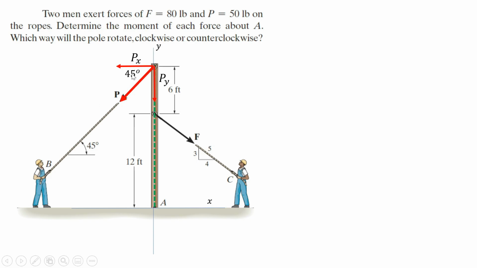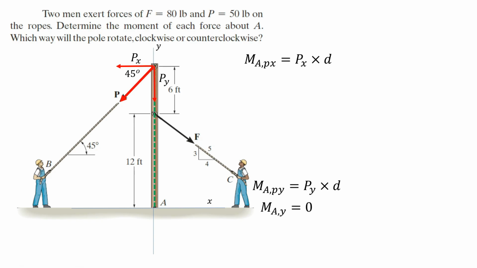So let's solve now for the moment of Px and Py. The moment of Px is Px times its moment arm, which in this case is 18 feet. The moment due to Py is also Py times the moment arm, 18 feet. But from our previous discussion, since Py is parallel to our moment arm, the moment due to Py is equal to 0. So we are just going to solve the moment due to Px.